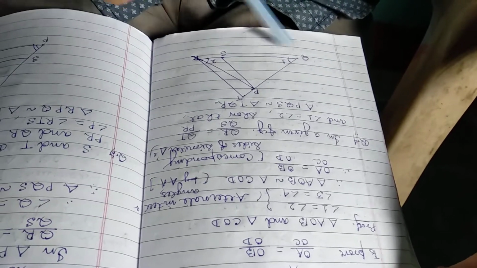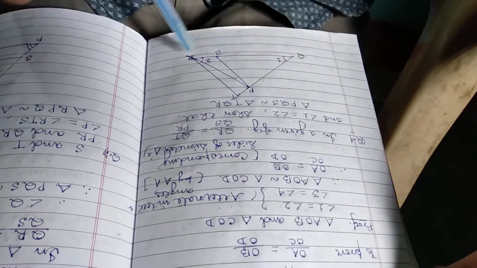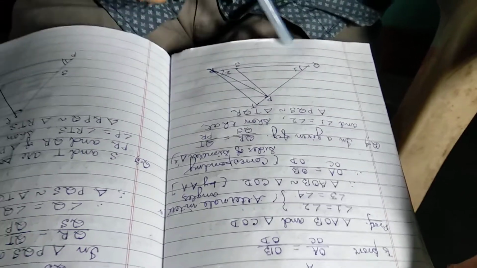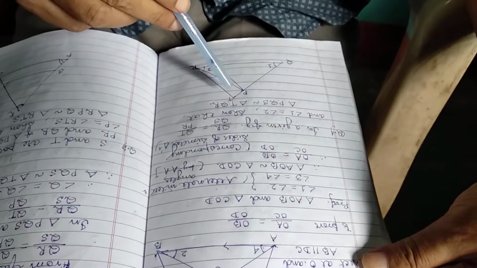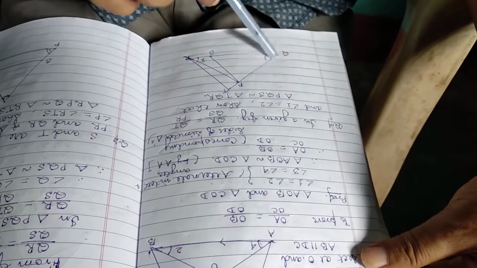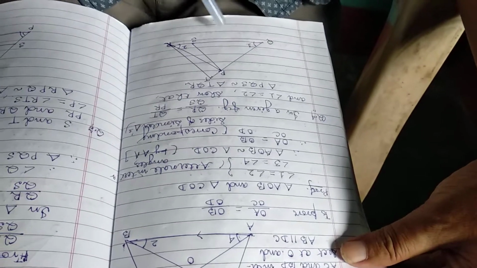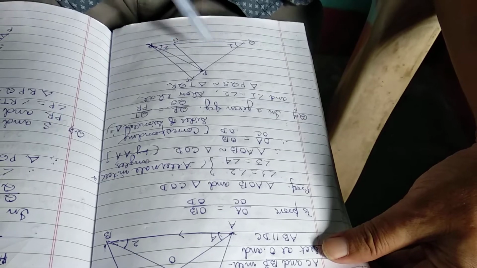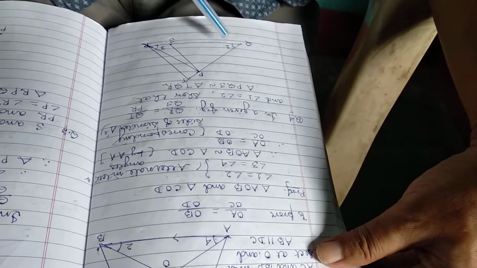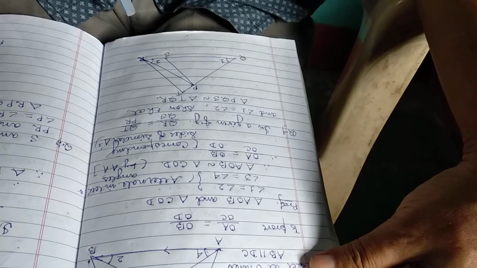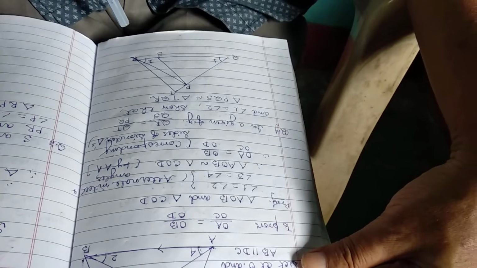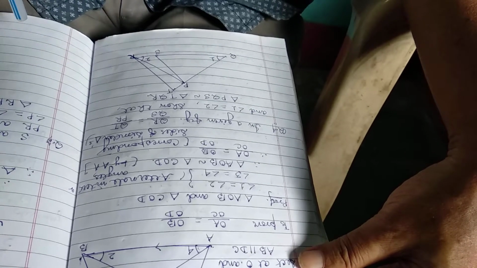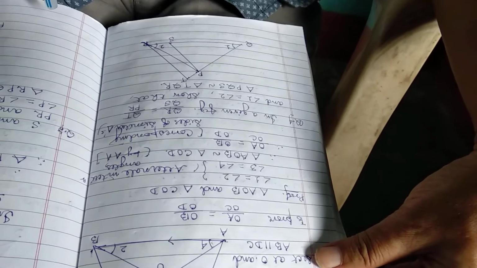So in triangle PQR, angle 1 is equal to angle 2, given. This implies PR is equal to PQ. What should be the reason? Sides opposite to equal angles are equal. You know, in any triangle, sides opposite to equal angles are equal.